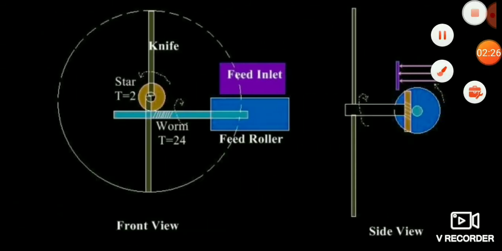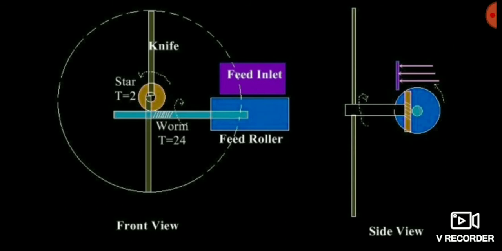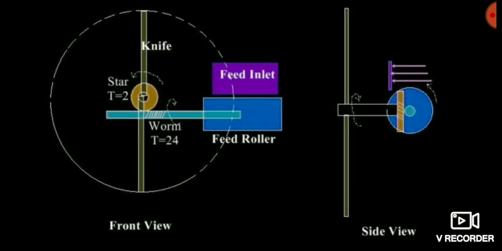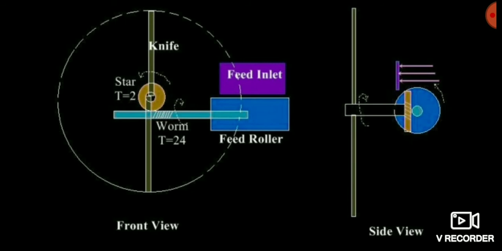Friends, I am going to give you a clear view of what is happening here. Actually, inside the cutter bar, what is happening? You can see this diagram. Here you can see that the star gear is present. The star gear has 2 teeth and the worm gear has 24 teeth.